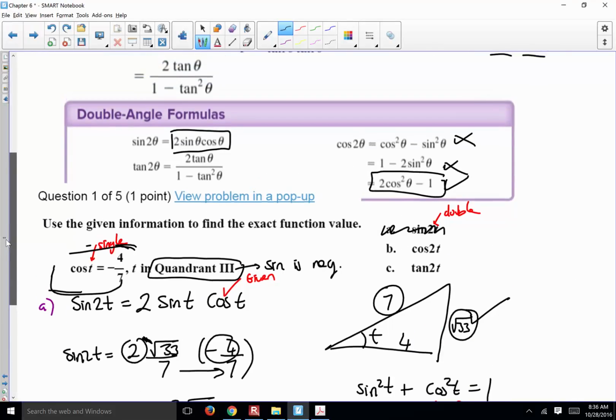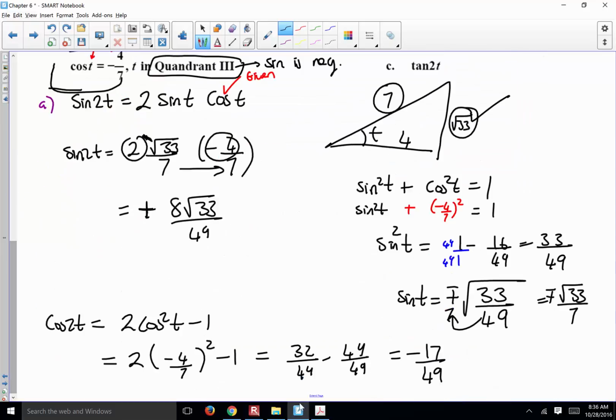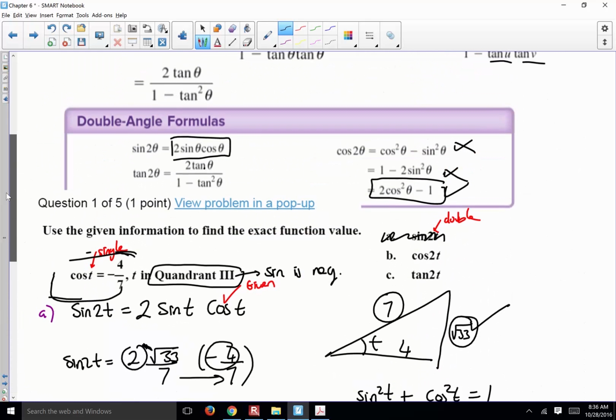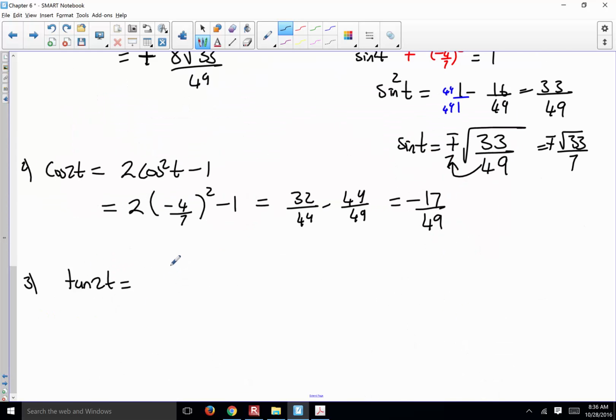Next, tangent 2 theta. For tangent 2 theta, you need to get tangent t first, unfortunately. Two tangent t over 1 minus tangent t squared. To get tangent t, you need to know both sine and cosine.